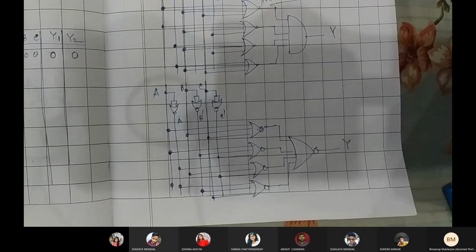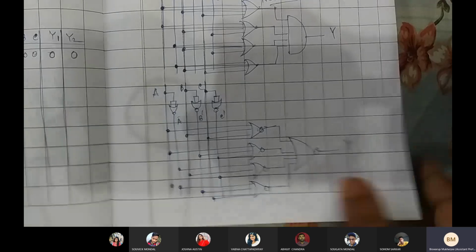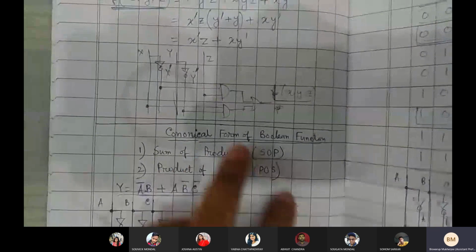So that is why the canonical form is really important, because we can directly replace the basic gate-based circuits with universal gate-based circuits. Make sure that when it is sum of product, that means when the circuit is being designed by taking consideration of 1 from the output, we generally get the sum of product term, like this.